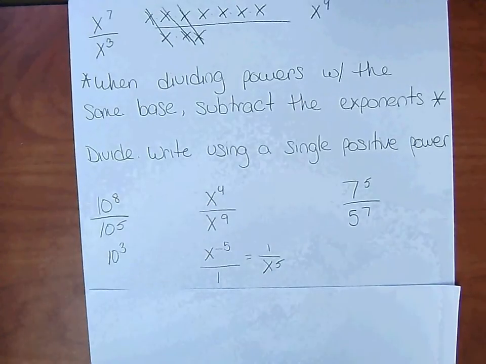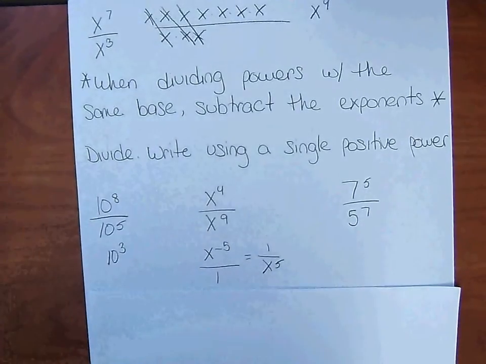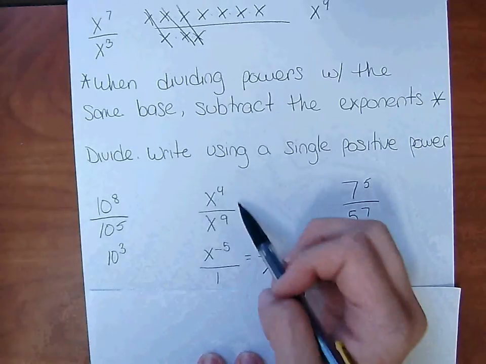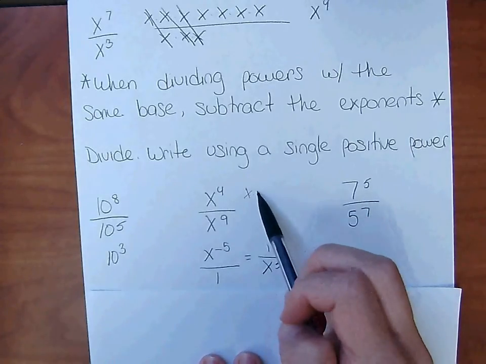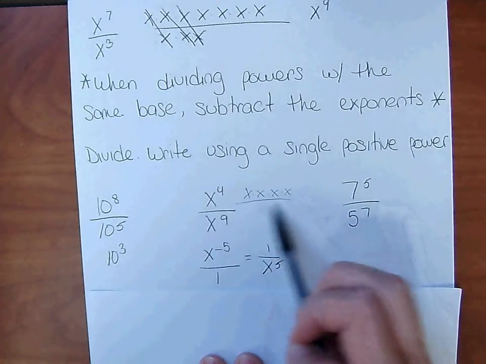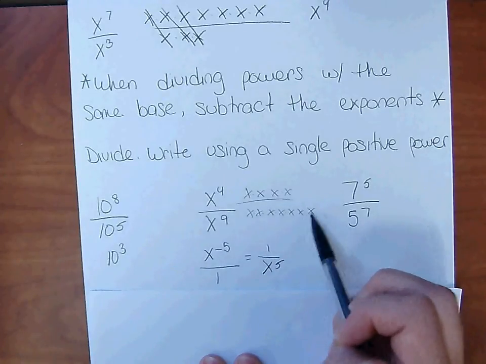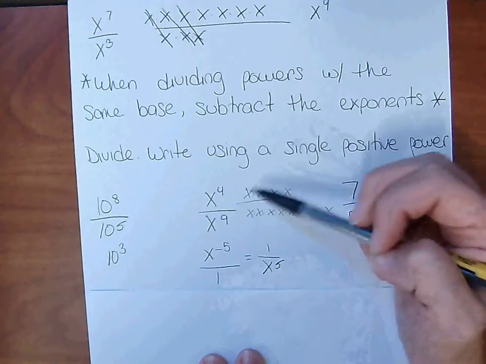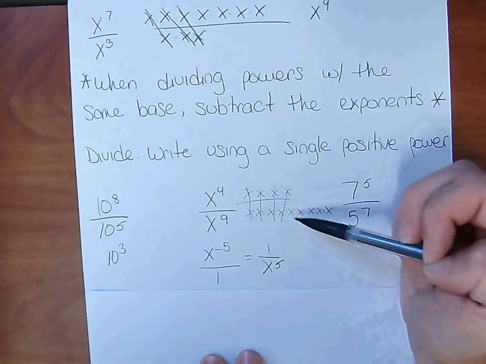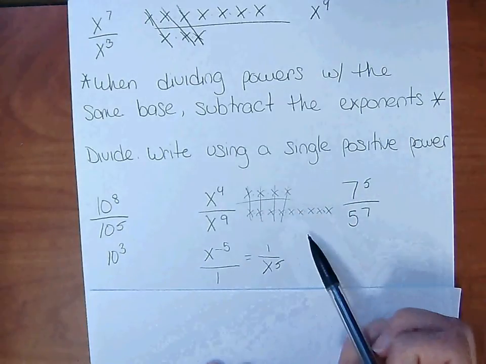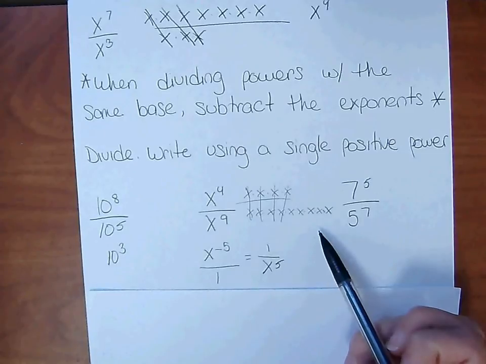Another way to think about this is if we use that method of writing out all the x's and cross them off, we would end up with 5 x's in the denominator. So you could just subtract 9 minus 4 and get 5.